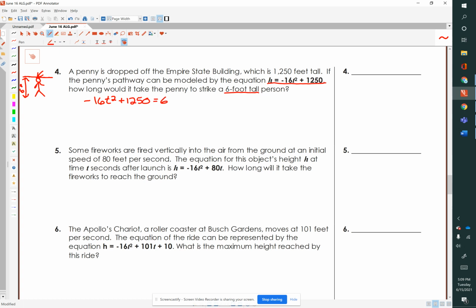And the first thing we want to do is subtract 1250 from each side. So then we will have negative 16t squared equals 1,244.